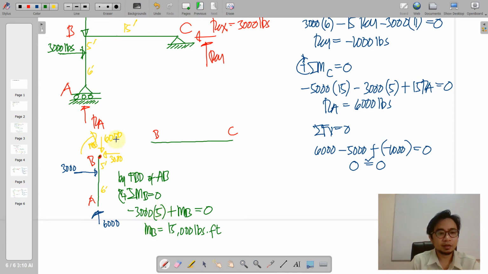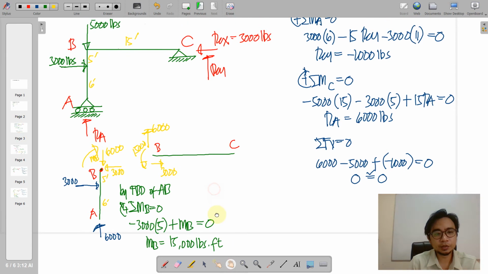And then these internal forces will just be transferred here on this horizontal beam. So if we have a leftward 3,000 here, there will be a rightward 3,000 on your beam. Same true with your 6,000 going downwards to become upwards 6,000. And if your MB is clockwise, this will be counterclockwise 15,000.